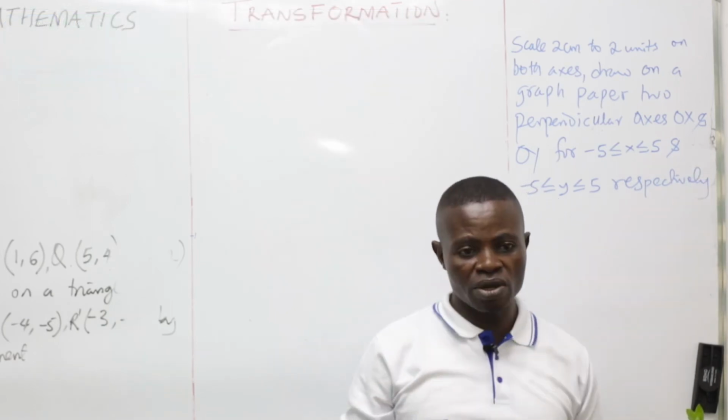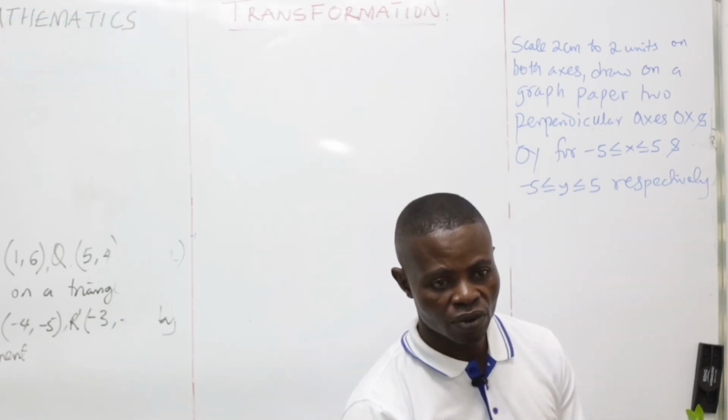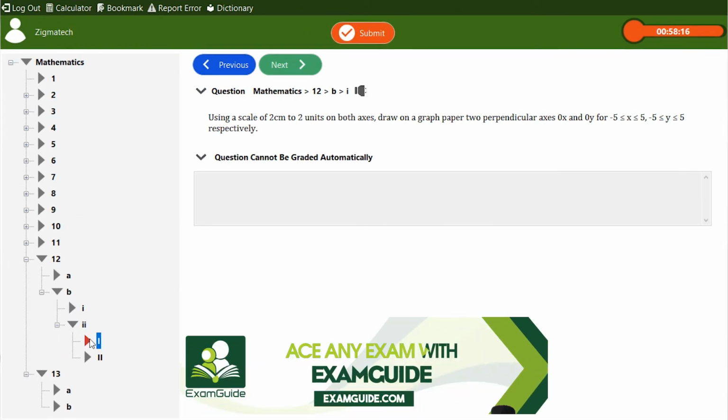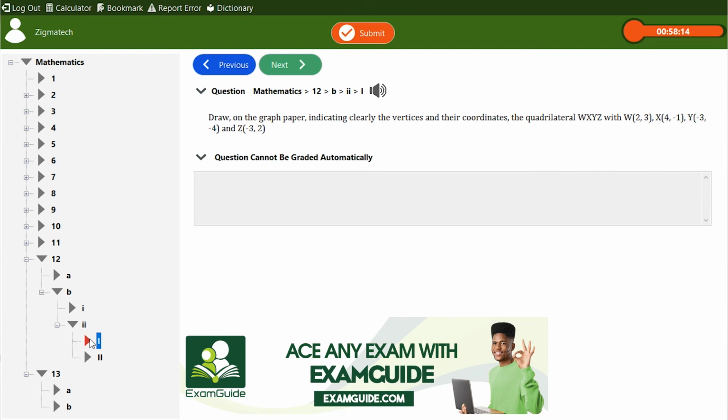This is part of the question, the continuation: draw on the graph paper, indicating clearly the vertices. This is the first step.